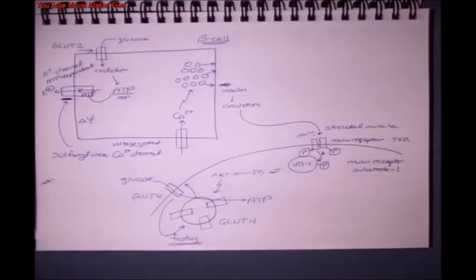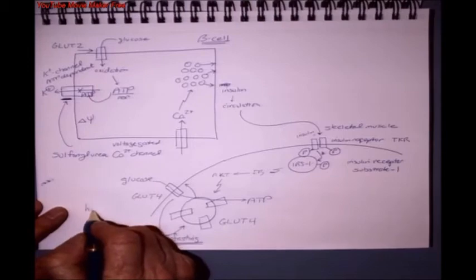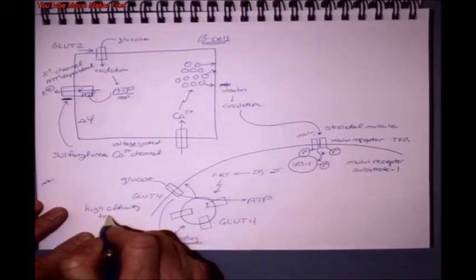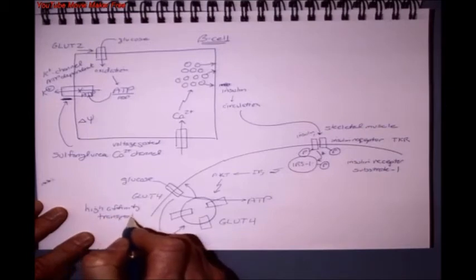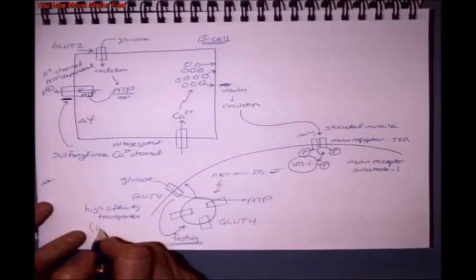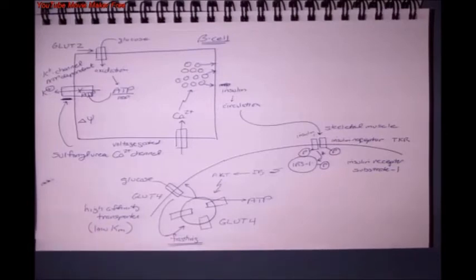Now, why does skeletal muscle do that? Well, GLUT4 is what's called a high affinity transporter. For those of you that remember your enzyme kinetics and transport kinetics, this means that this is a low Km. It has a very high affinity for that glucose.